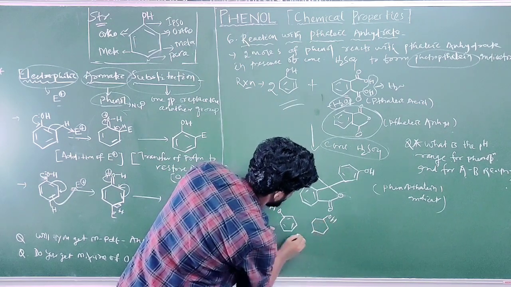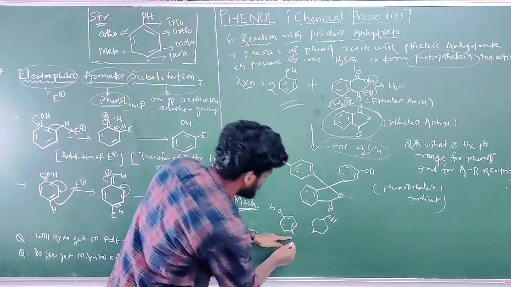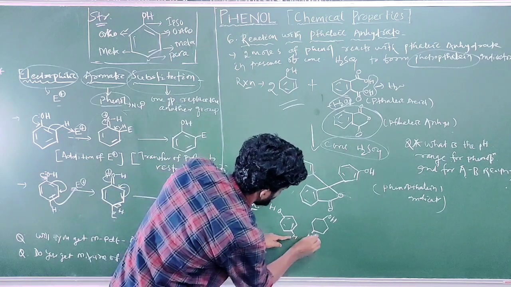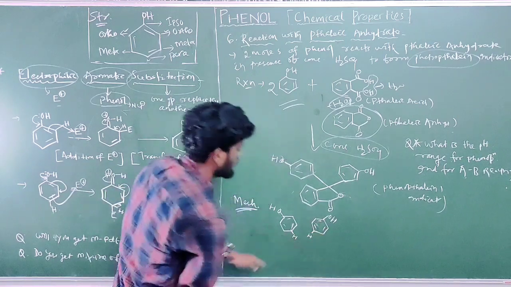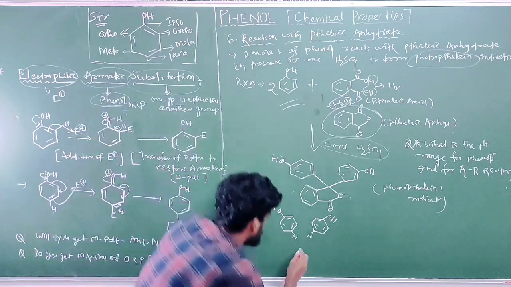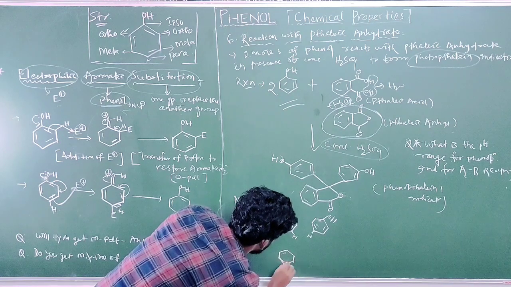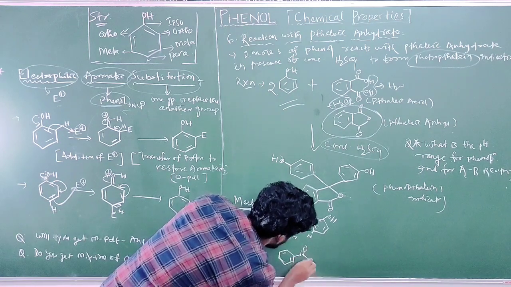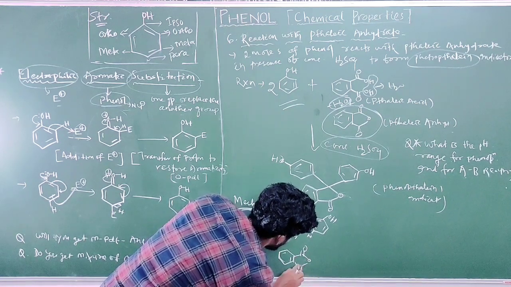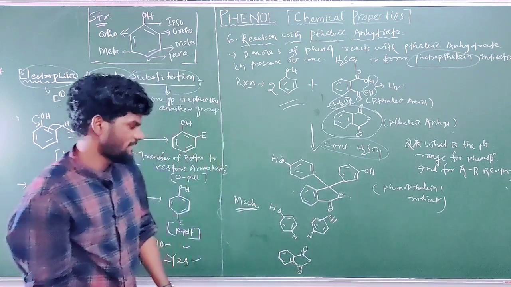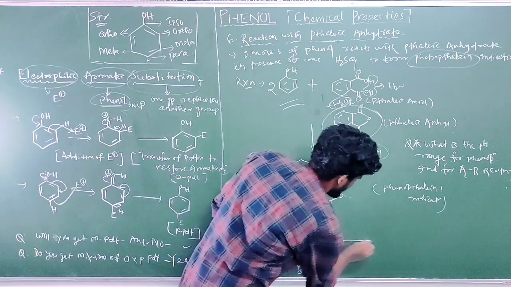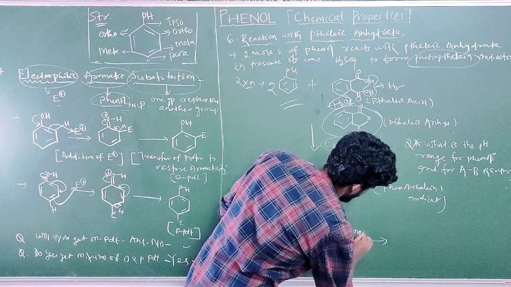Here there is a para hydrogen, one hydrogen here, and the other phenol also has a para hydrogen. And here is phthalic anhydride with carbonyl O. Next, concentrated H2SO4, the dehydrating agent.